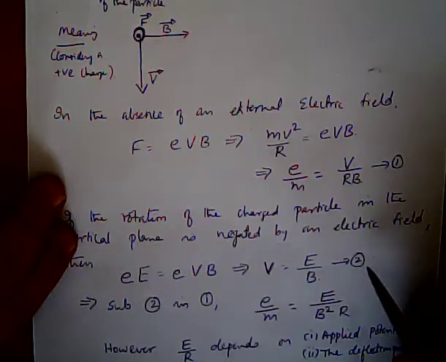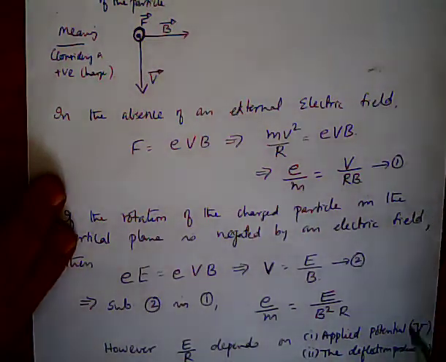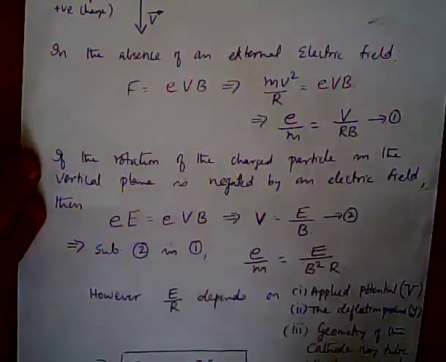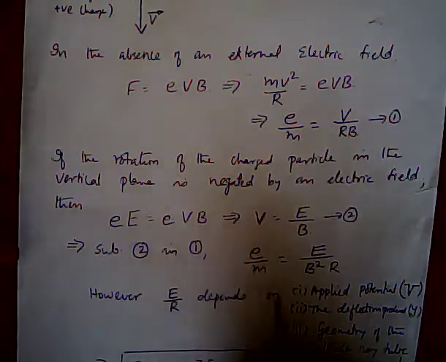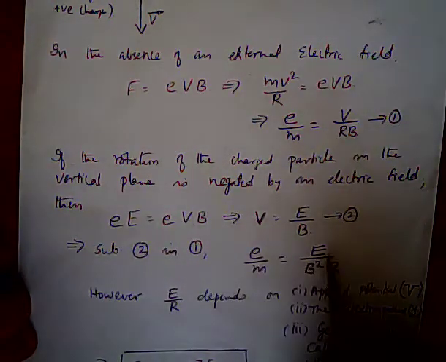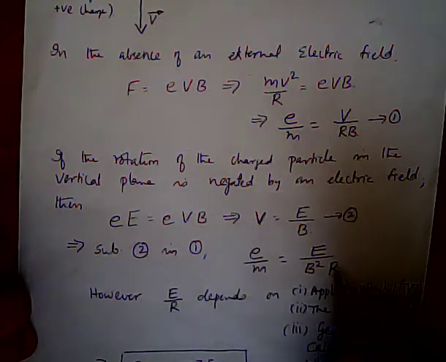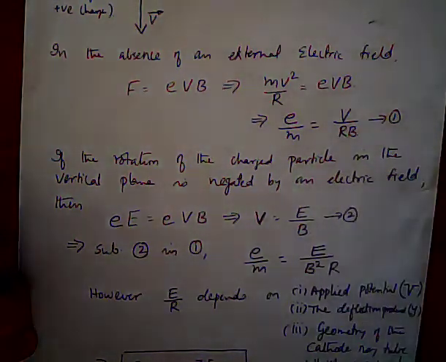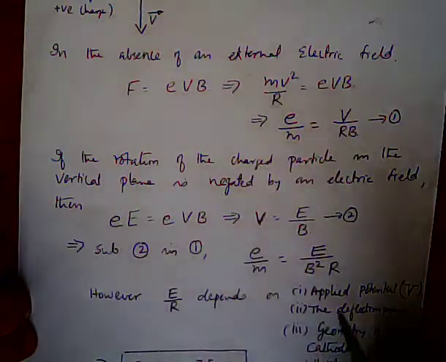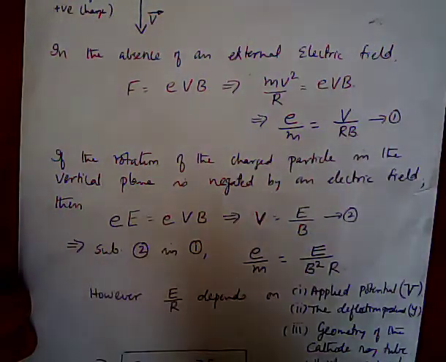Now if I substitute equation 2 in equation 1, I get e by m is equal to E divided by B squared times r. r is basically the radius of curvature of the particle, if it is executing a rotational motion.